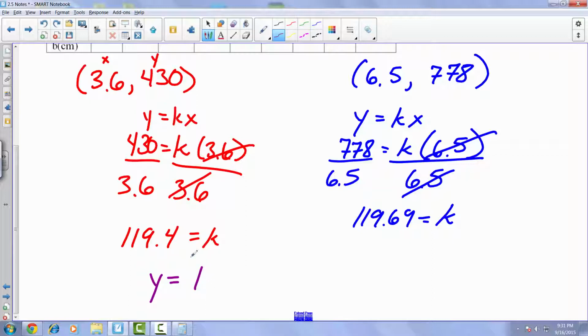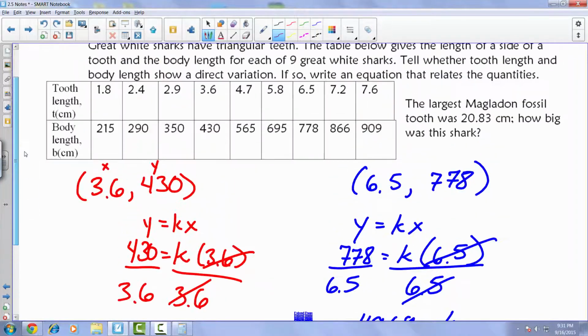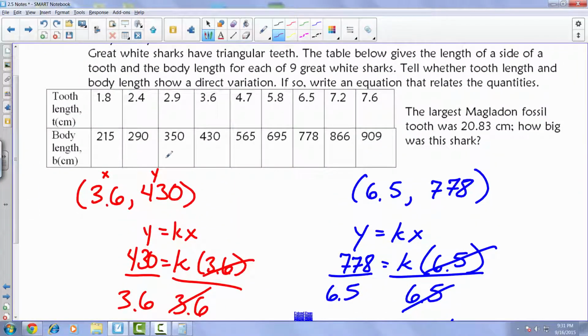Let's use something in between here, 119.5. We'll go with that as a safe average between these two. A lot of these other ones came out for k as 120 or 119, so they're definitely all right around there. We know our x value, the tooth size, is 20.83.